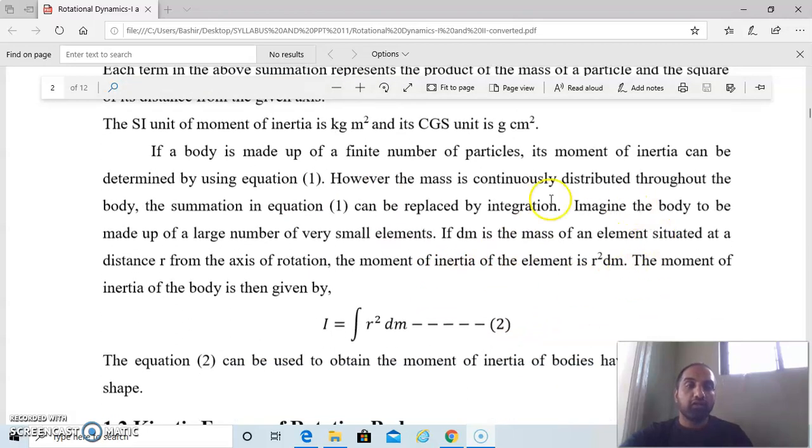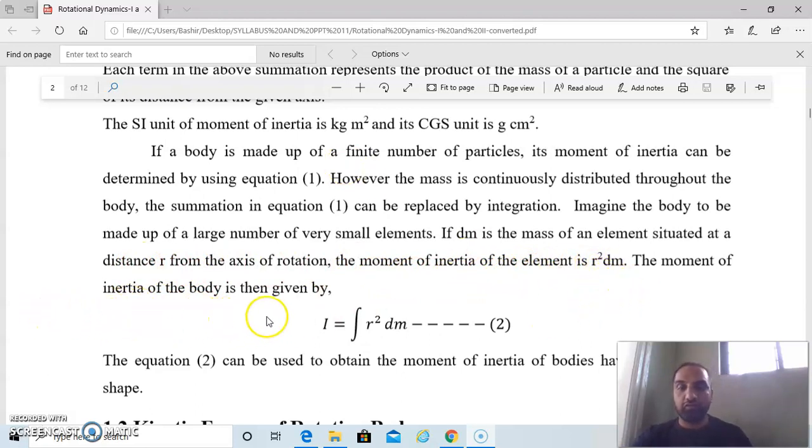If the mass of the body is continuously distributed, then we have to take a small element whose mass is dm. So dm is the mass of that element, and the distance of that element from the axis of rotation is r. Then the moment of inertia of that element about that axis of rotation is r square dm.